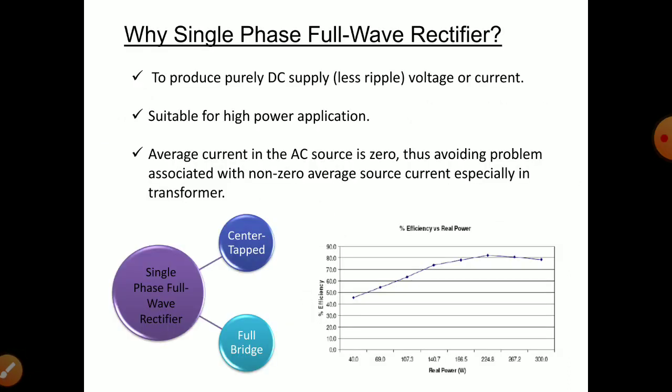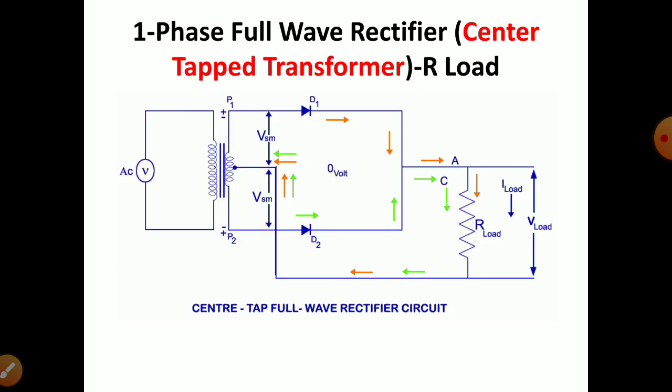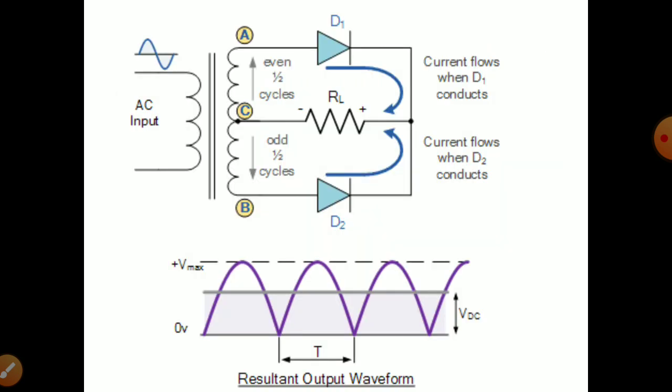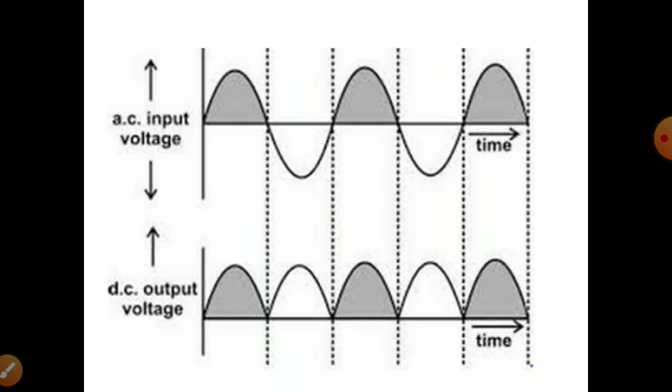Then we discussed single phase, why only single phase full wave rectifiers. Then we discussed in detail the operating procedure of the center tapped transformer single phase full wave rectifier connected to R load, and how both diodes are acting. Also the output waveforms of the single phase full wave rectifier. This is what we discussed in this class.